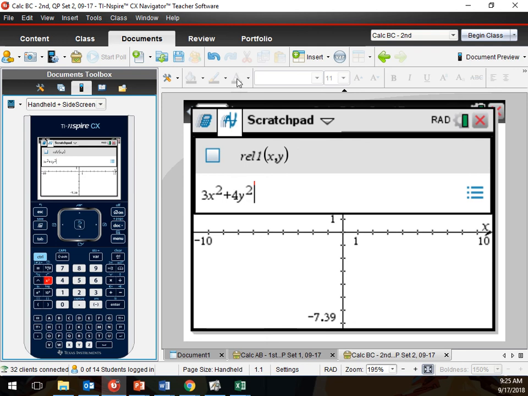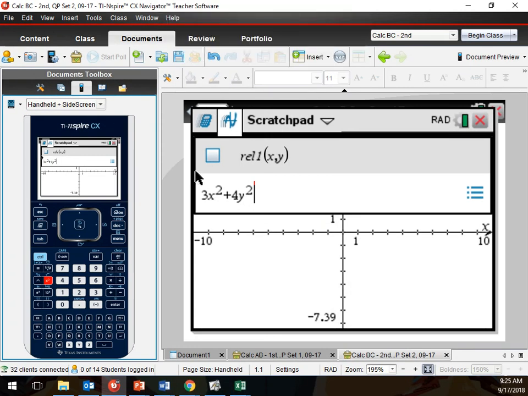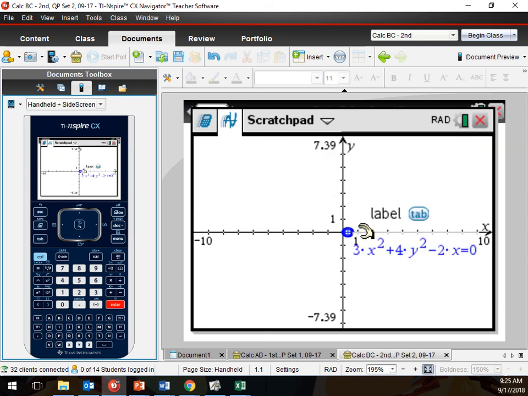Yeah, 4y squared minus 2x equals 0. So there is my ellipse right there. It's a small one, right?